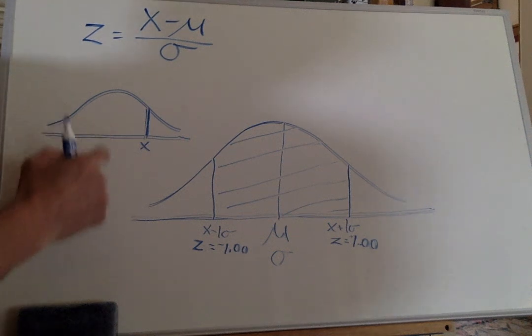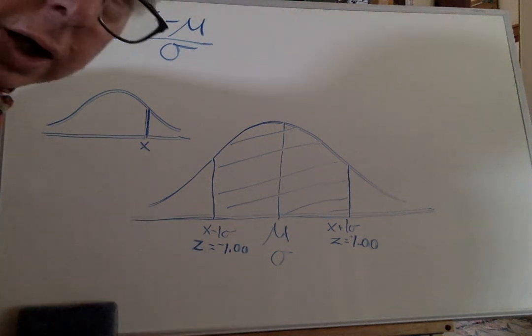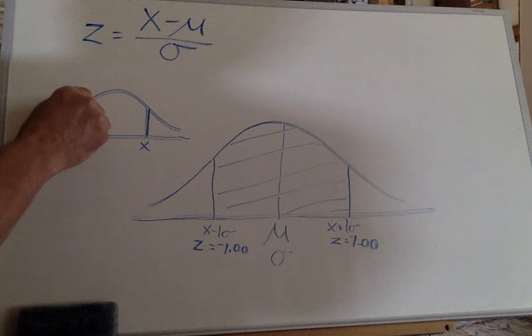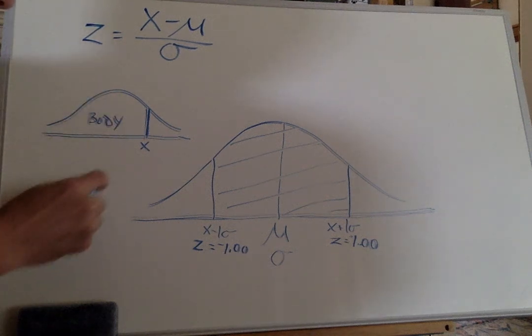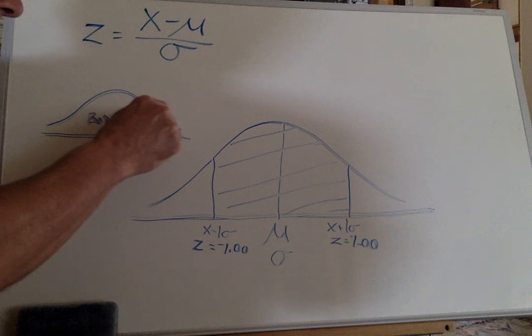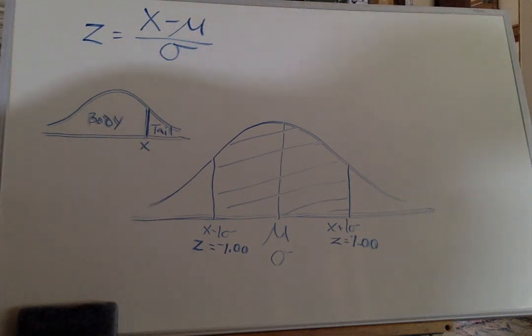This is just like a dog. The larger portion is referred to as the body, and the smaller portion is referred to as the tail.